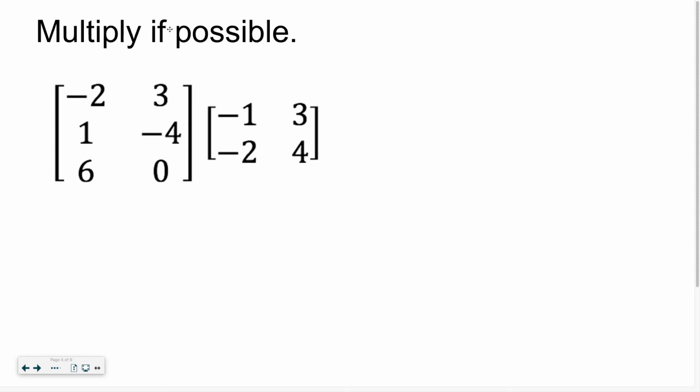If you plan ahead and think about the order of your answer, it makes it a lot easier to get the correct answer.